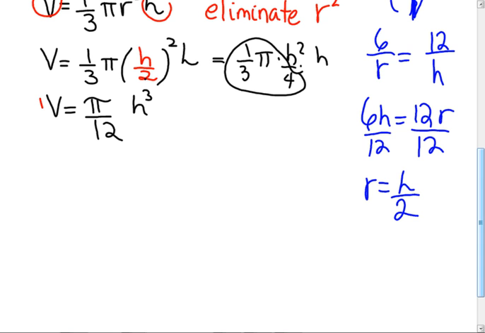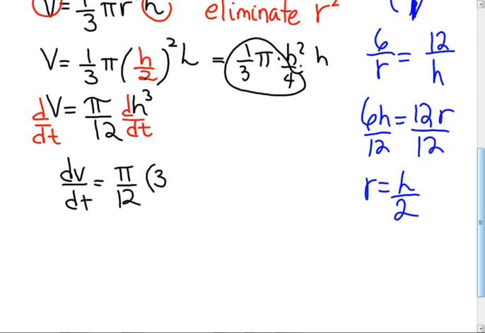So we'll take the derivative with respect to time. Let's pull that through here. So I get dV/dt is equal to pi over 12 times the derivative of h cubed, which is what? 3h squared times, chain rule, the change in h with respect to time.